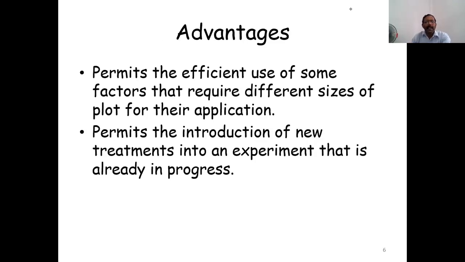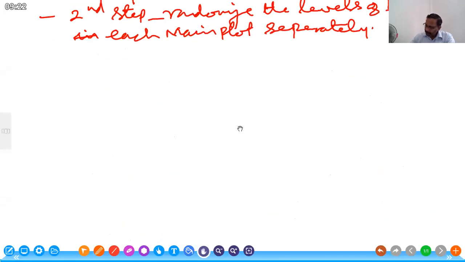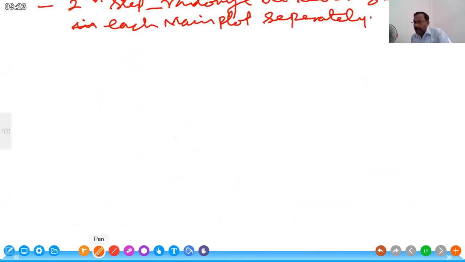The other advantage is it permits the introduction of new treatments into an experiment that is already in progress. What do I mean by that? For example, let's say I have started one experiment.